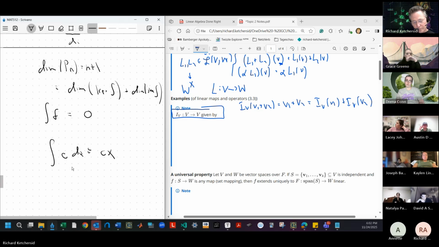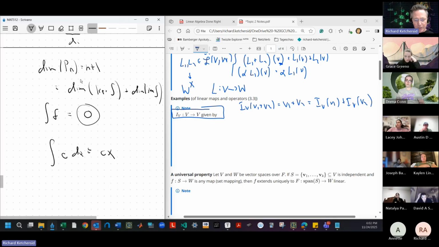Right. And by the way, to make this a function, I'm having to choose the constant to be 0 or something like that. I'm having to fix a constant on the side. In fact, maybe I need to choose 0. I think that the only thing I can integrate to get 0 is 0, right?